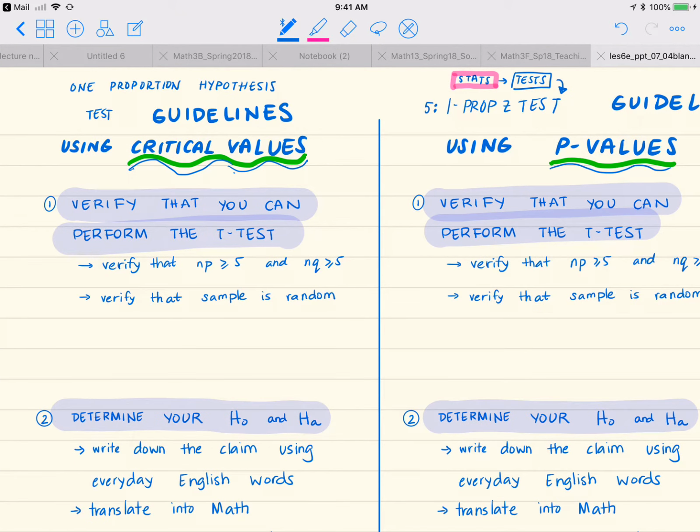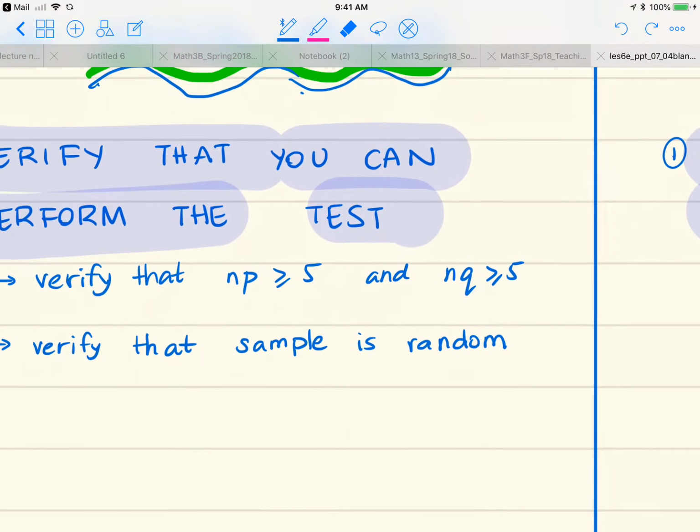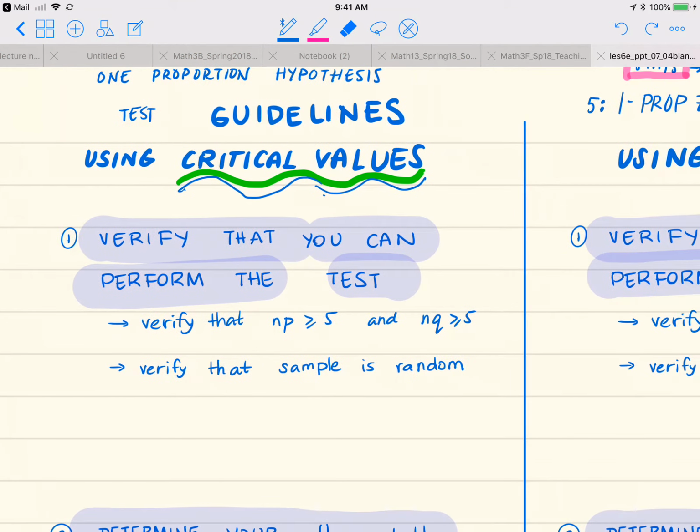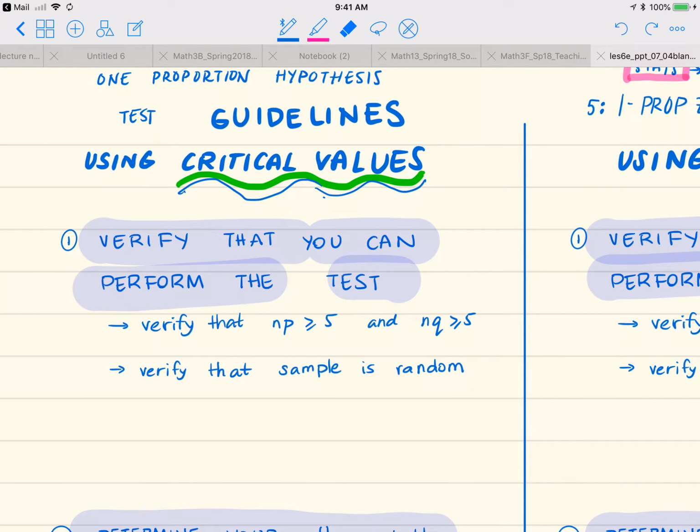You start by verifying that you can actually perform the test. We're no longer doing the t-test. Because we're working with proportions, we need to guarantee that np and nq are large enough to make our binomial distribution approximately a normal distribution.